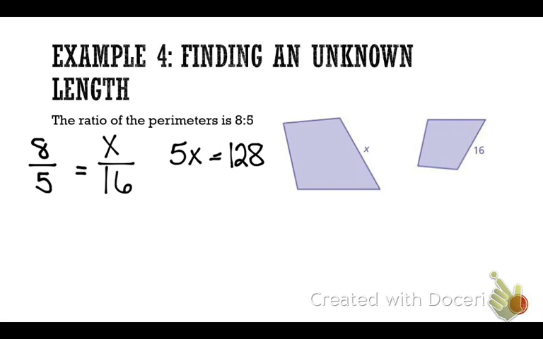There's no prize. Okay, how do I solve for x? How do I solve for x, Isaiah? Since you're doing multiplication, you do 5x divided by 5. Very good. Divide by 5 both sides. And x equals 25.6.